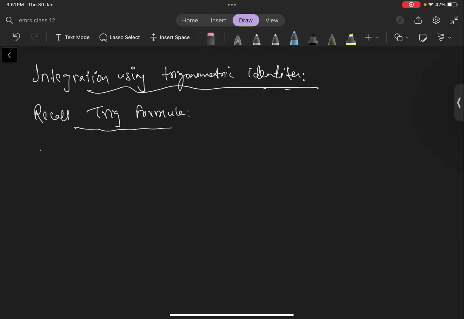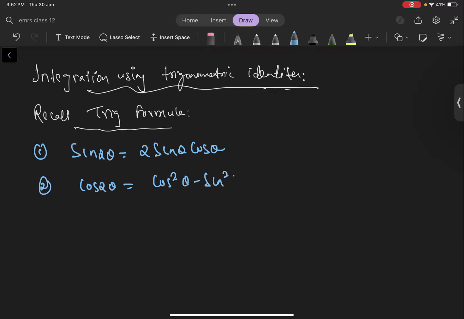Okay. Firstly, sine 2 theta is nothing but 2 sine theta cos theta. You can write theta or any other variable also. Next, cos 2 theta is nothing but cos square theta minus sine square theta. Now the same formula can be rewritten as, if I replace this cos square with 1 minus sine square, this will give me 1 minus 2 sine square theta.